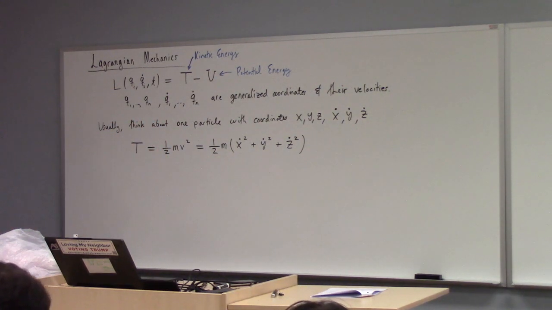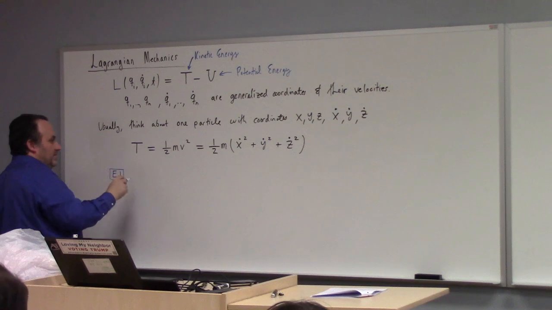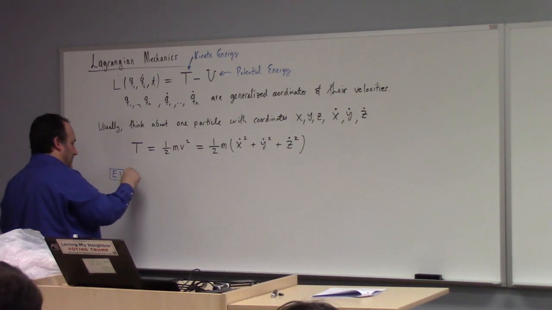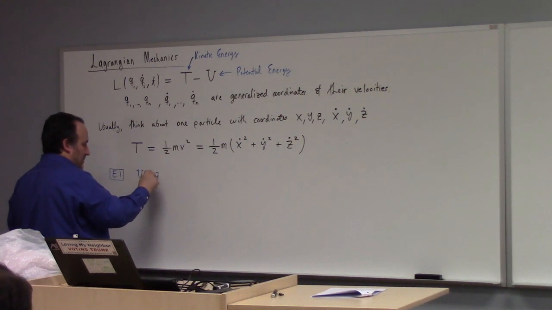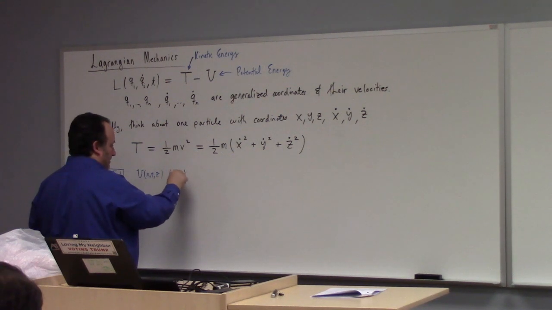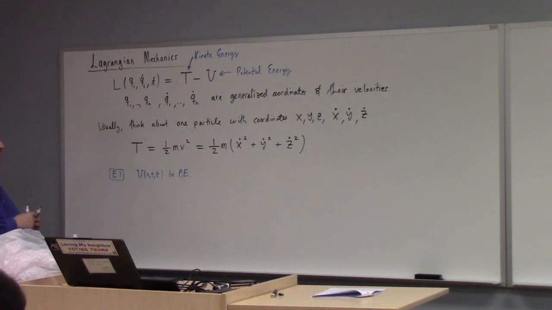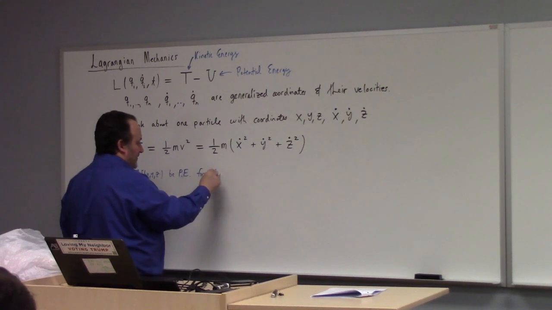So let's see here. For example 1, we could let U of x, y, z be the potential energy for the net force.